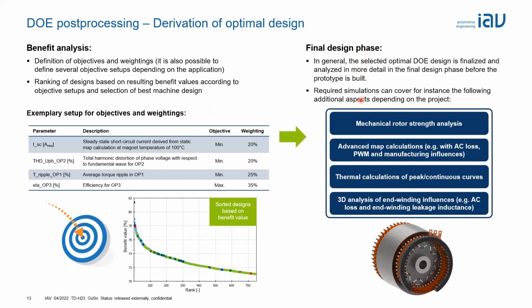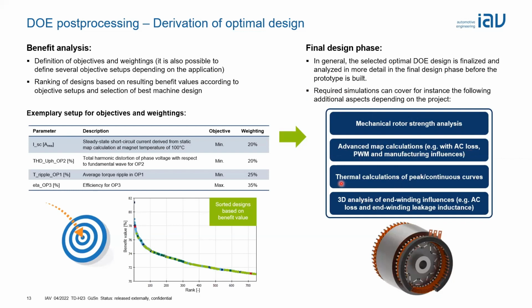And in this phase, we usually analyze the designs a little bit more in detail before the prototype is built. And the required simulations can cover several things. For instance, the mechanical rotor strength analysis by FEA. What we usually also do is then the advanced map calculation corresponding to our process, where we also look at the AC loss, PWM, and manufacturing influences.